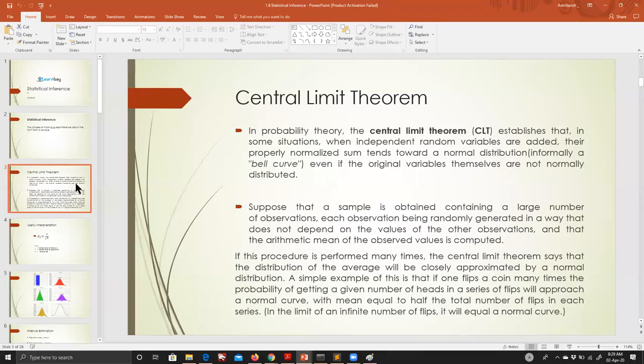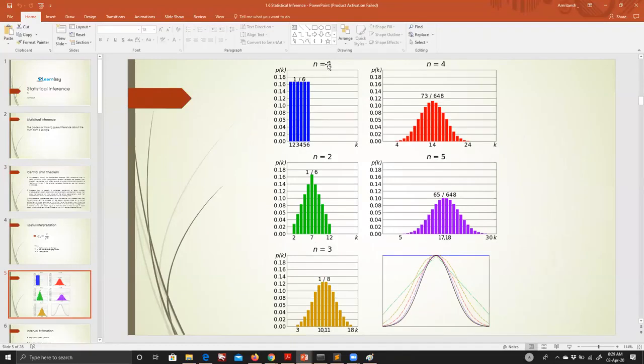Then the normalized sum or the curve starts to become, if you just take a smaller one, it will look flat or something. But as you repeat it a lot, it will become much more like a normal distribution. And this is the assumption of CLT, the central limit theorem.